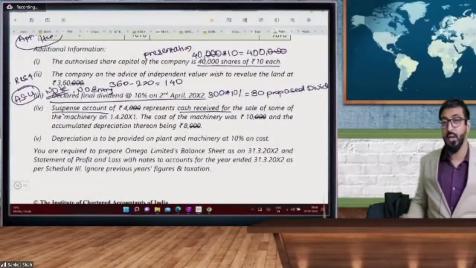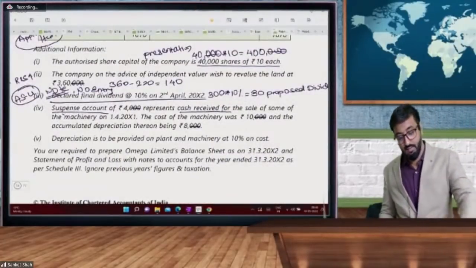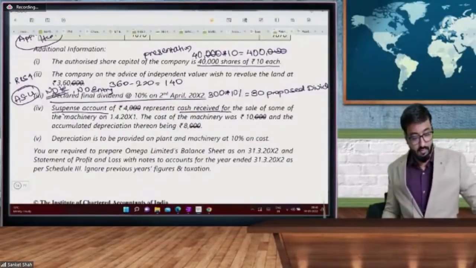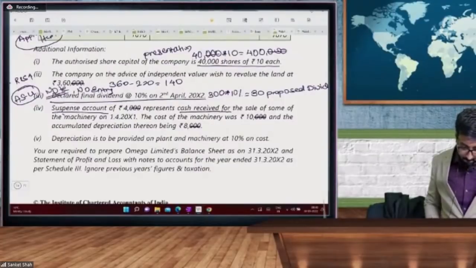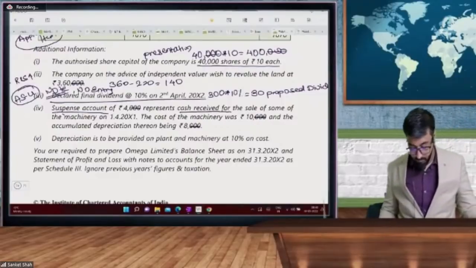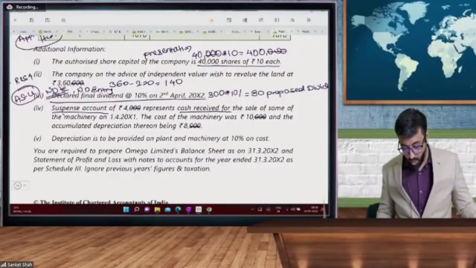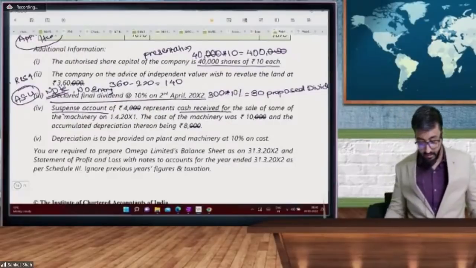Yes, can you tell me what is the correct entry? Correct entry, wrong entry, and rectification entry.